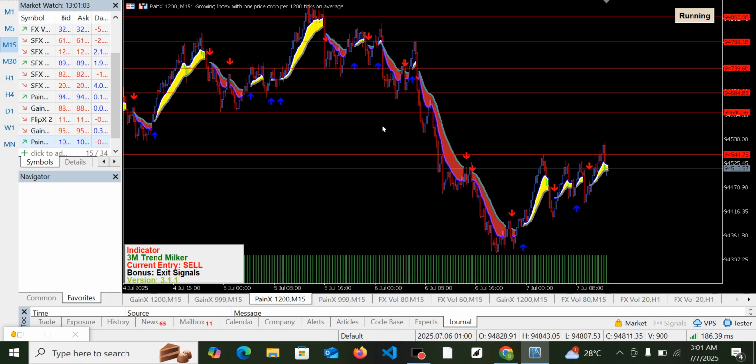Okay, if you are not having it, let's just follow up with the analysis, then you can also apply the same thing from your end. Okay, so guys, this is PainX 1200. I'm on 15 minutes time frame, so please take your chart down to 15 minutes time frame, and of course you should be seeing something like this. Okay, so this actually got to the resistance zone at this point.